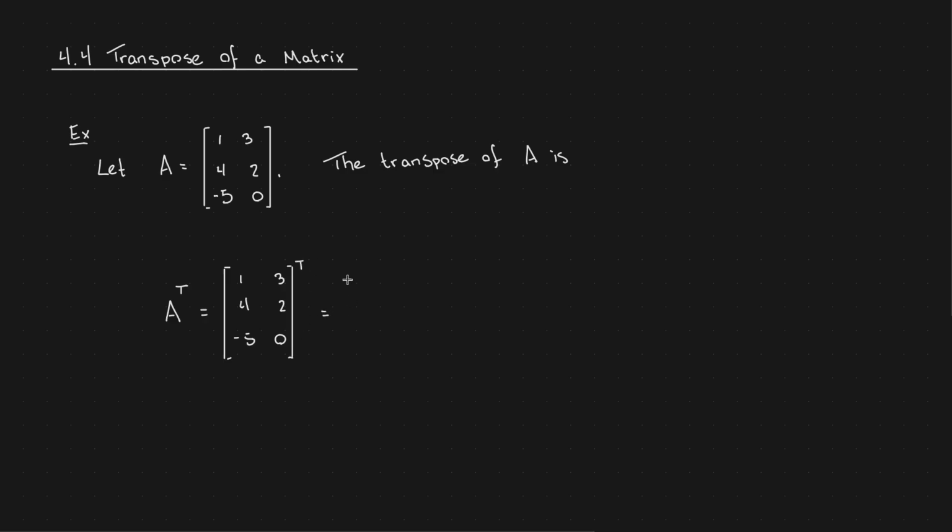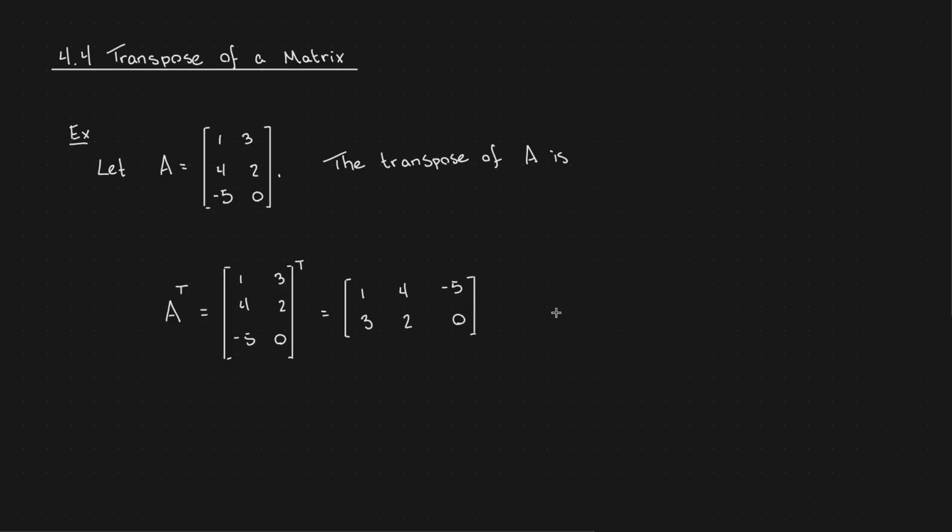The transpose is very simple. We just swap the roles of the rows and the columns. So 1, 3, 4, 2, -5, 0.